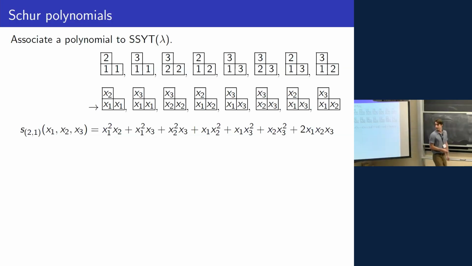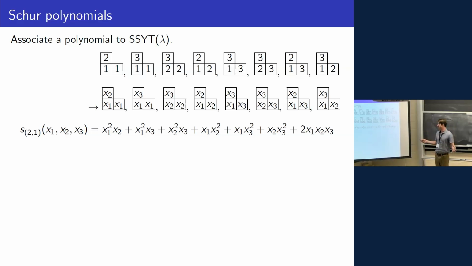So I get this polynomial with 8 monomial terms, except this one of course shows up twice, so it has coefficient 2. This ends up being a symmetric polynomial, which you can check manually. It's not obvious from this construction that it should be, but it's not so hard to work out some combinatorics to show it.